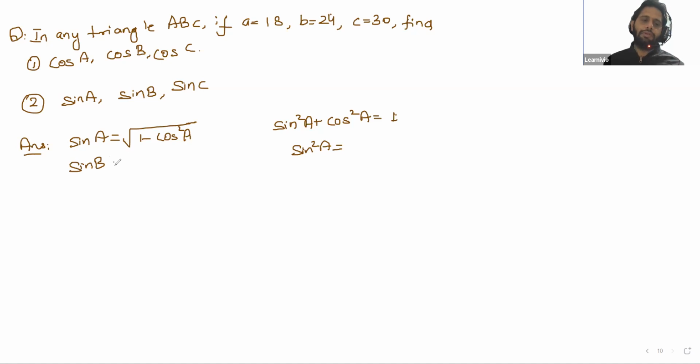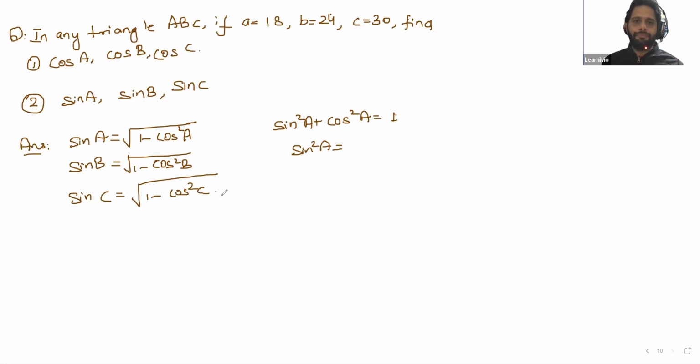We have two methods. So you can use this one. Cos square. And you have sin C the root of 1 minus cos square C. ठीक है स्पर्श नोमा? Yes sir. Okay, then please use this formula and tell me the answer.